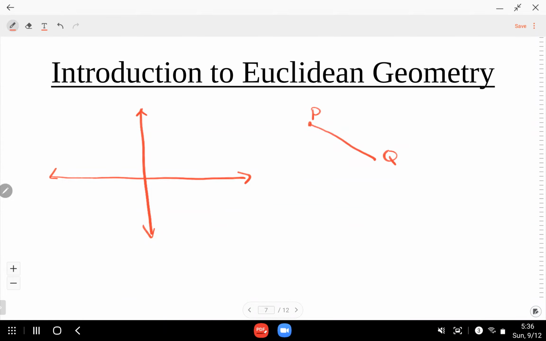So before Euclid started using this method, what would you have to do to know the measure of PQ, right? You have to measure it. You have to measure it. So the absolute value of PQ, that is the measure of PQ.